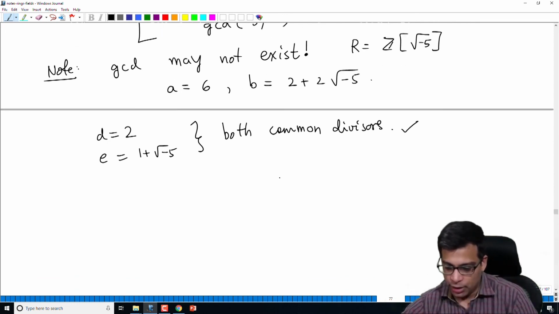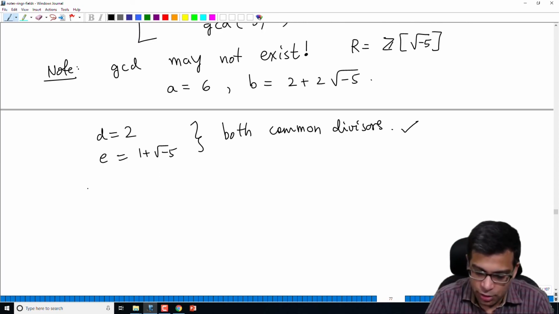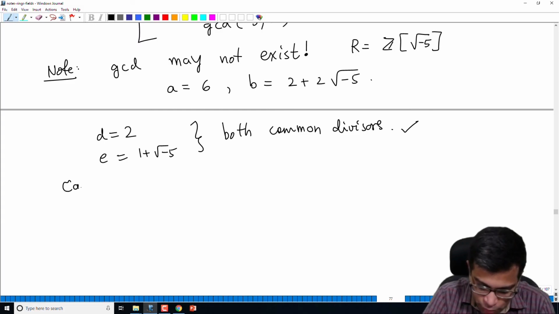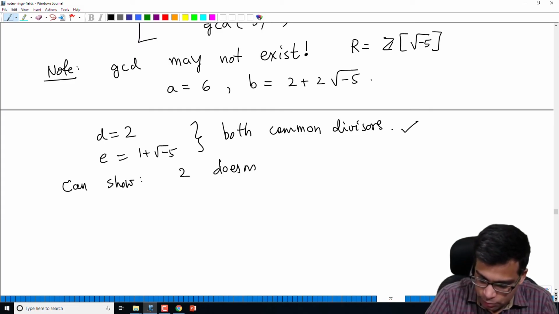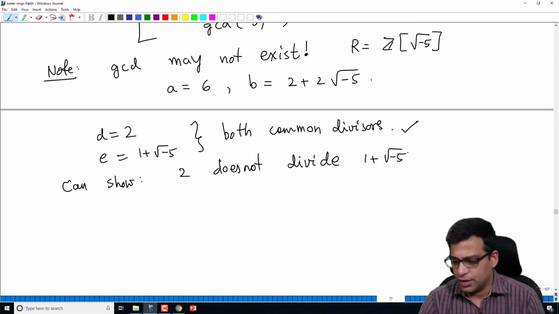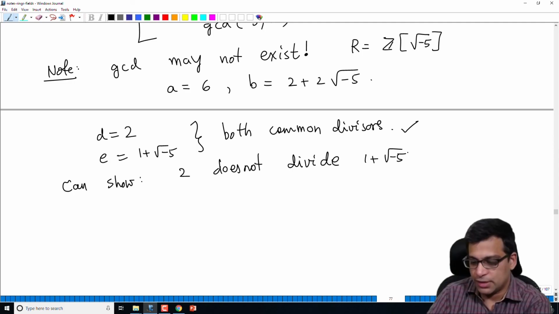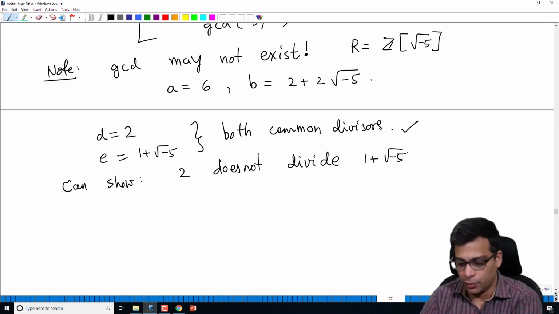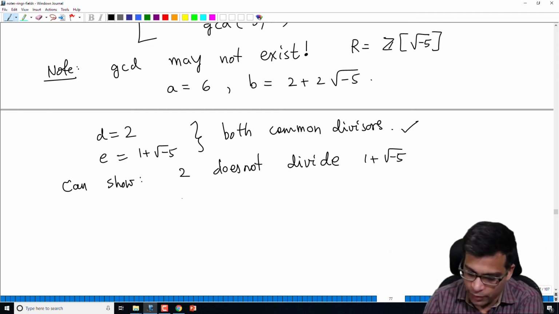On the other hand, this requires a little bit of work. One can show 2 does not divide 1 plus square root of minus 5. In fact, this is not difficult to show, because if it divides, you write 2 times something equals 1 plus square root of minus 5, and you use the standard arguments that we have used earlier in this video to get a contradiction. 2 does not divide this.